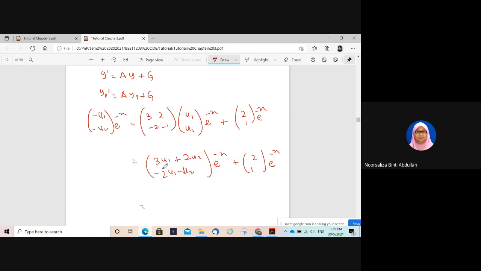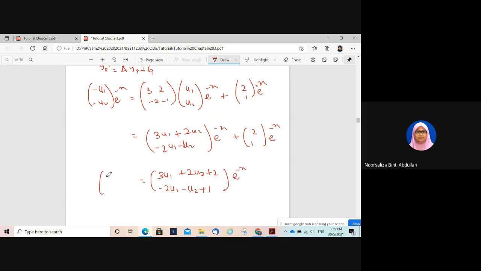Okay. So 3U1 tambah 2U2. Dia akan jadi 1. Tolak 2U1 tolak U2. Kat sini. Then 3U1 tambah 2U2 tambah 2, exponent minus X. And then minus 2U1 minus U2 plus 1.